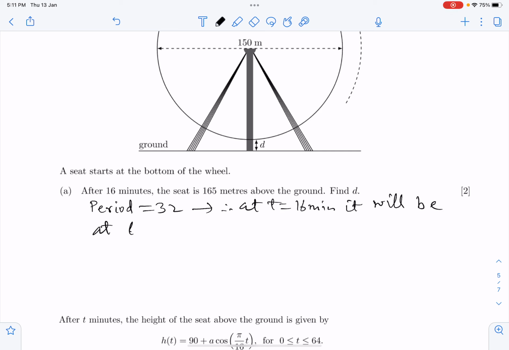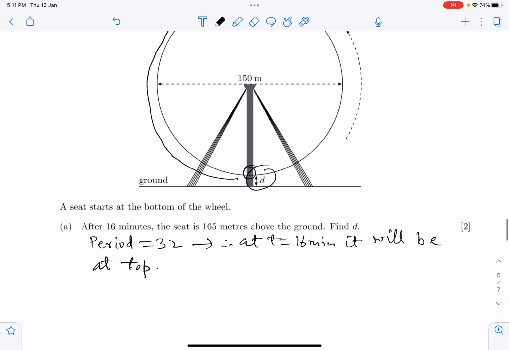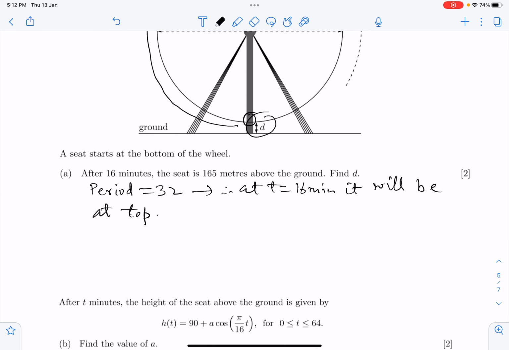Why at the top? Because it has started initially from the ground level, from the minimum position here, and in 16 minutes it has reached the top. So here the maximum height will be 150 plus d, because d is the distance from the ground. So it has completed half rotation.